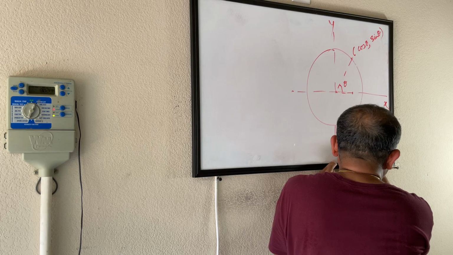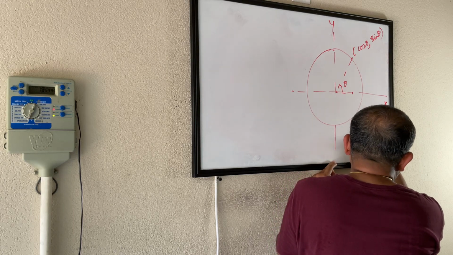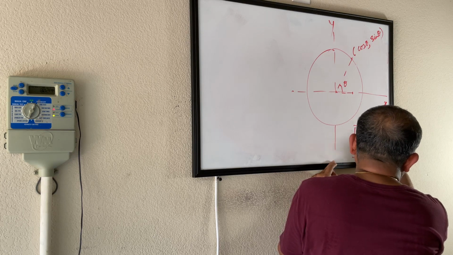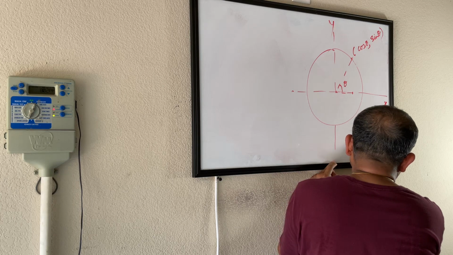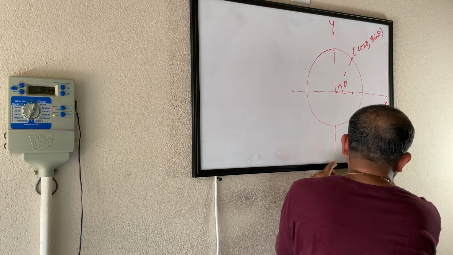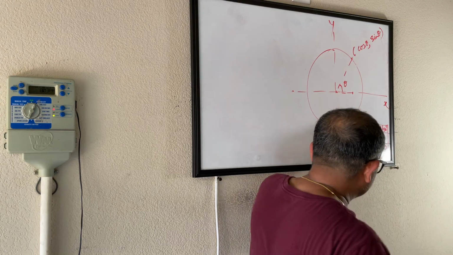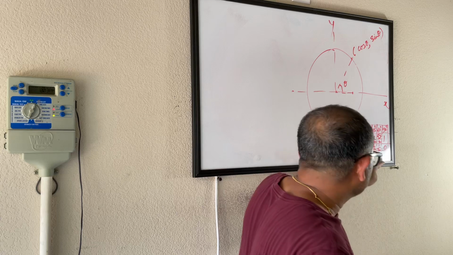Sin 0 is 0, sin 30 is 1 by 2, sin 45 is 1 by root 2, sin 60 is root 3 by 2, sin 90 is 1. Cos 0 is 1, cos 30 is root 3 by 2, cos 45 is 1 by root 2, cos 60 is 1 by 2, cos 90 is 0. And then sin by cos is my term. I'm only focusing on sin and cos for now.